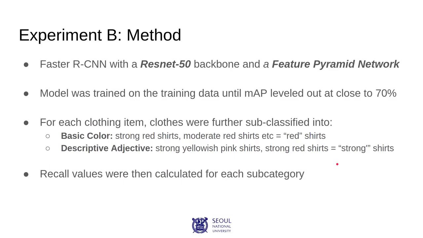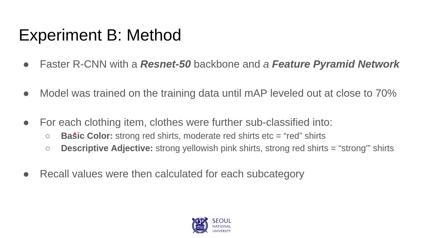For the methodology for this, we just used a Faster R-CNN with a ResNet 50 backbone and a feature pyramid network. We continued to train the model up until the mAP score leveled out at around 70%. For the test data set, we divided clothing items based on 2 other subcategories.